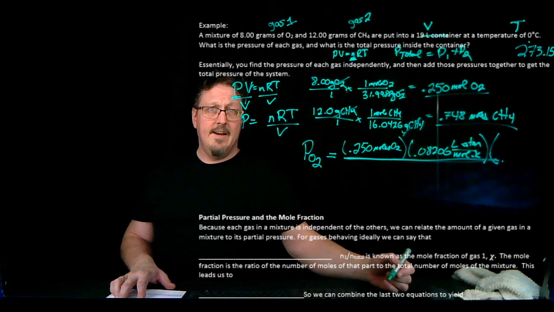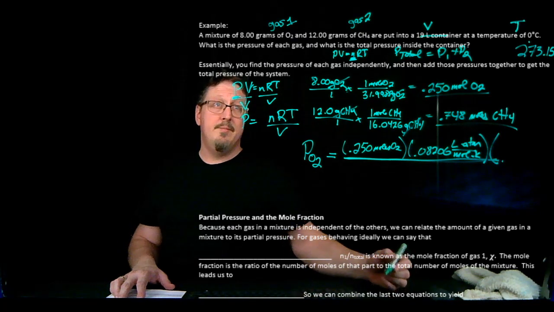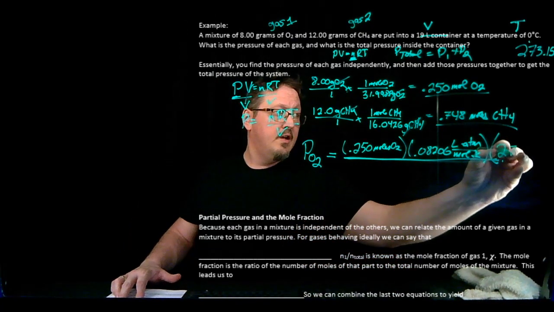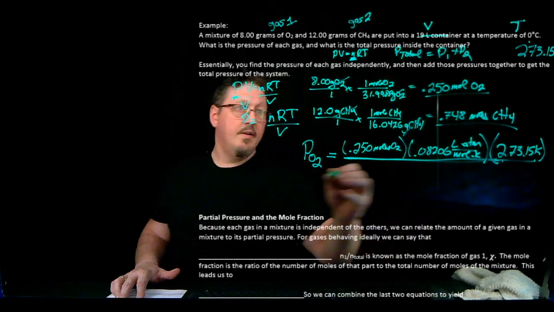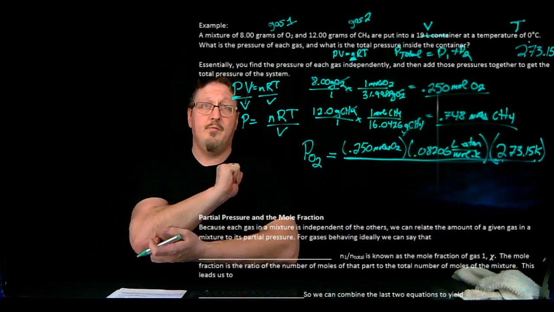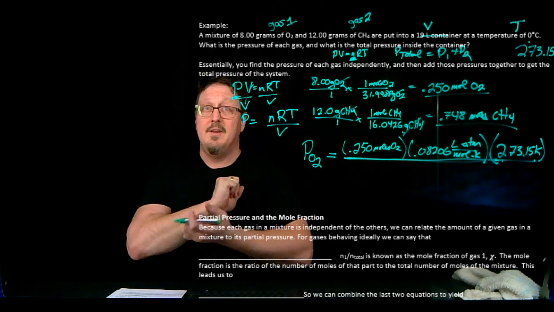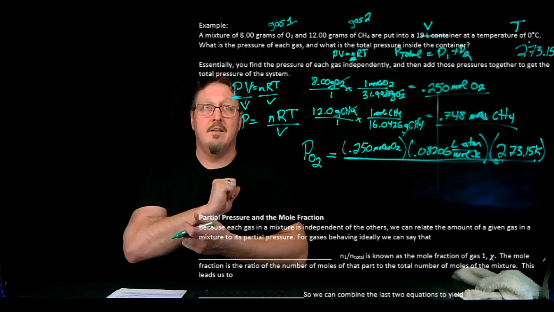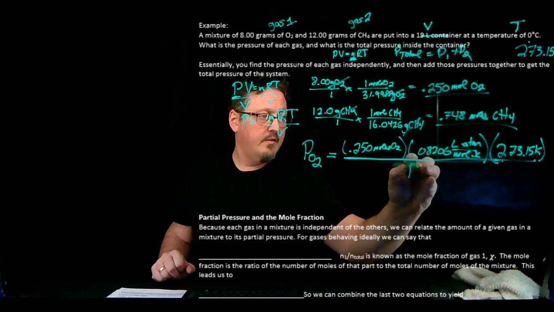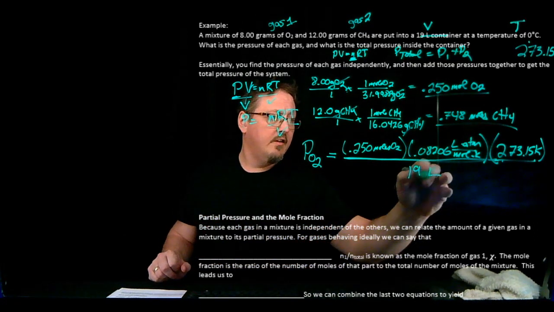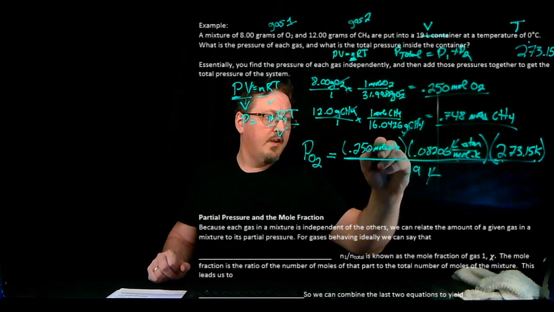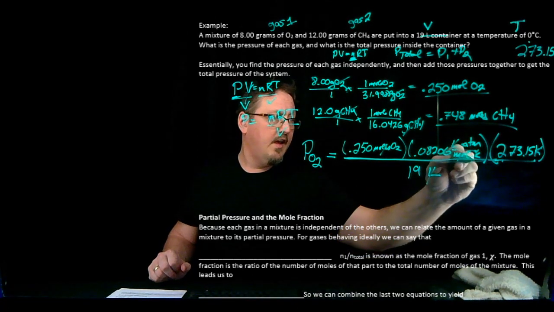And the last thing we've got to do is put our temperature in. This is 273.15 K. We divide that by the total volume. Total volume for the oxygen is going to be 19 liters. If we cancel off our units, liters cancel, moles cancel, K cancels.